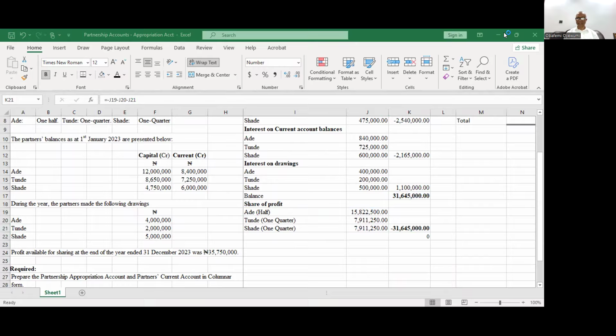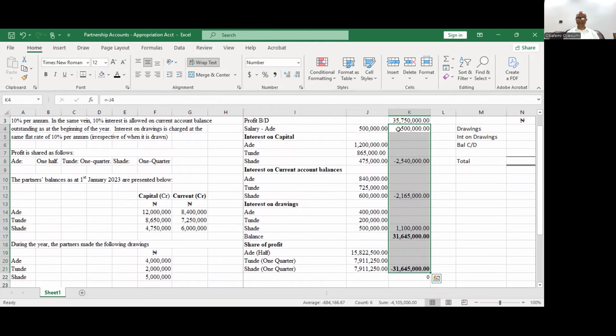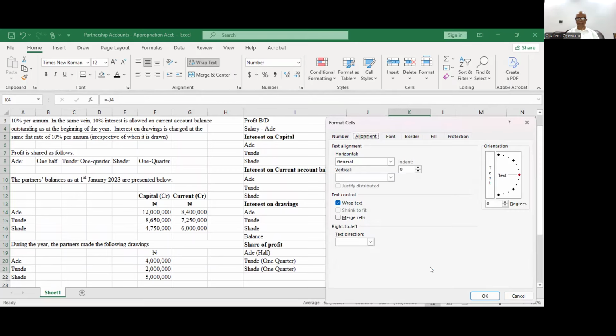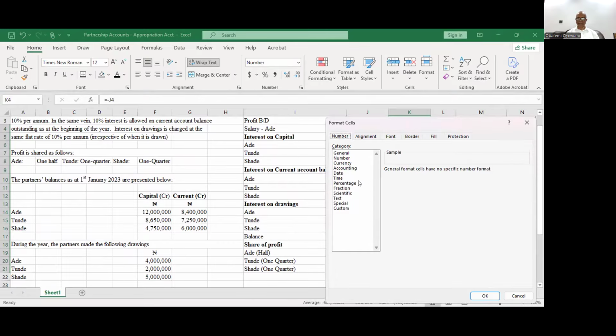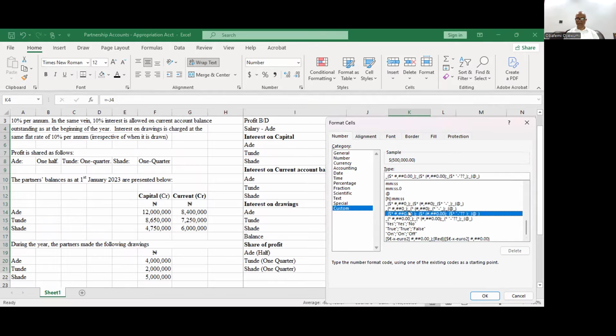So let me bring this back. Let me format this appropriately. I believe that we've been able to get the right understanding based on what we have been doing since we started. So that's talking about appropriation.